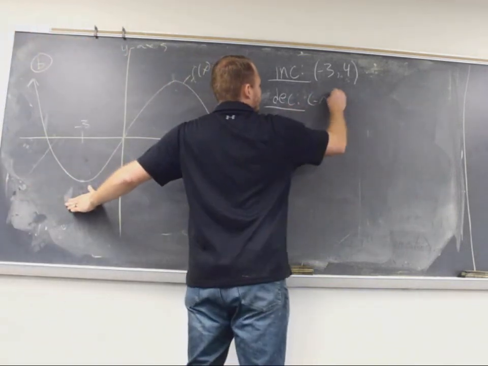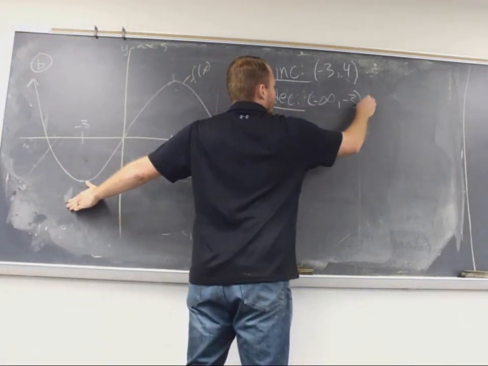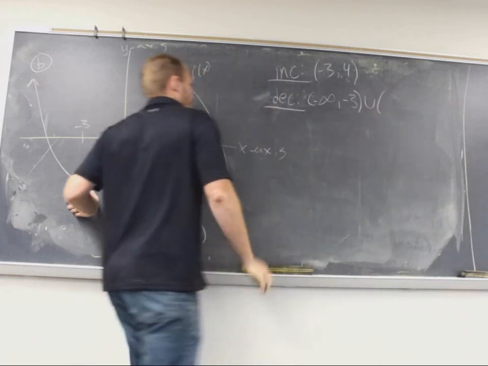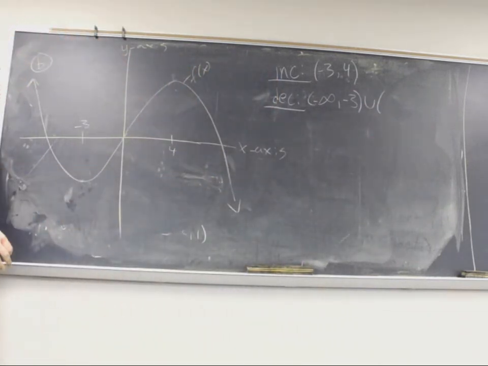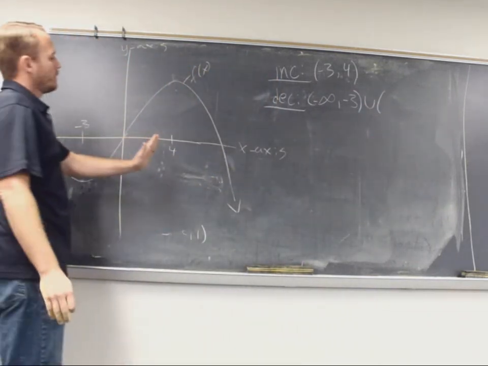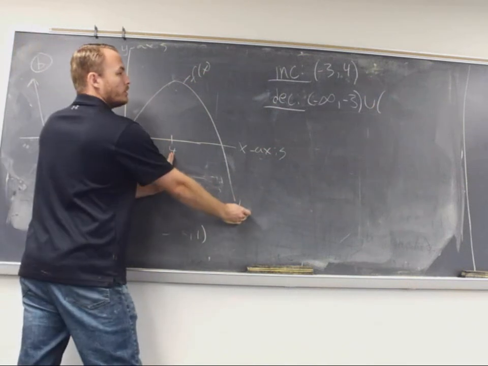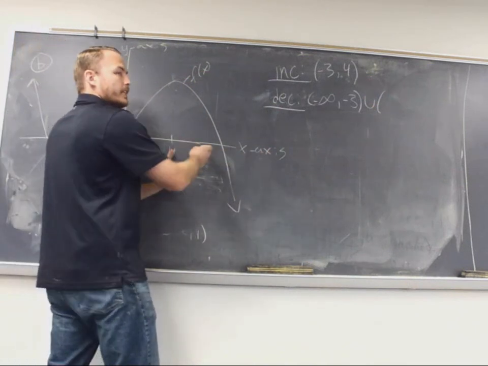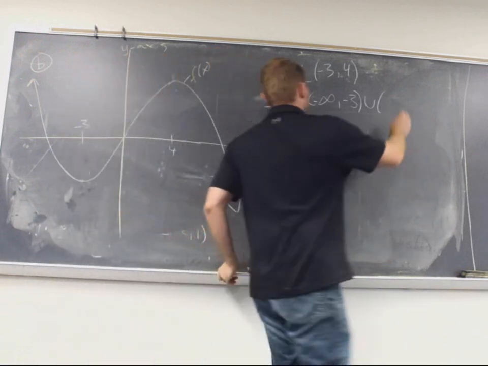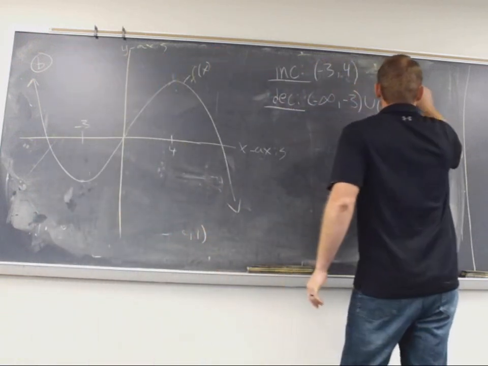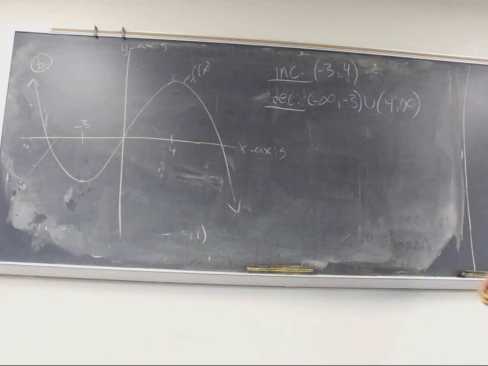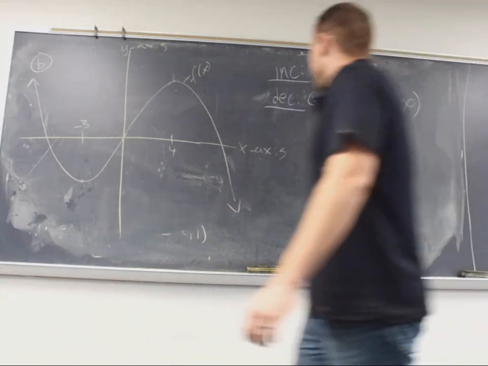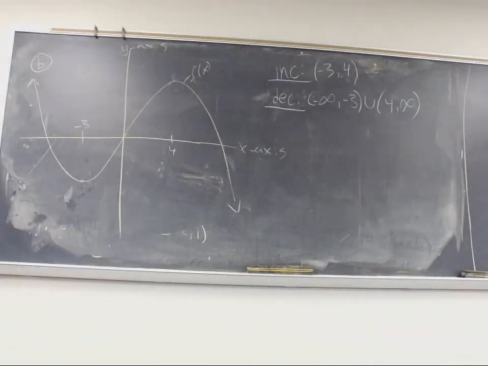So negative infinity to -3, and, or union, if I say union, it means and 4 to what value? Remember, we're looking at x values, that's positive infinity. 4 to infinity. All right, so there is increasing and decreasing.